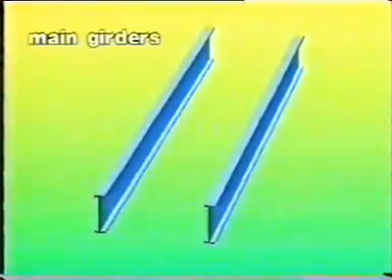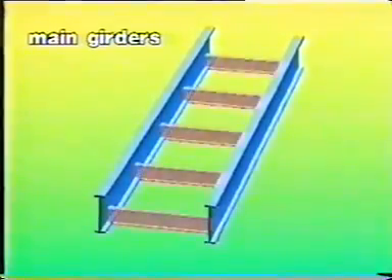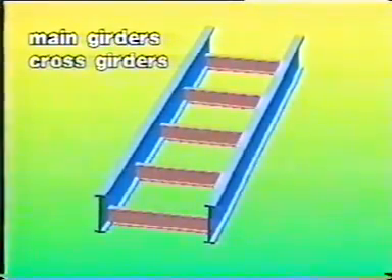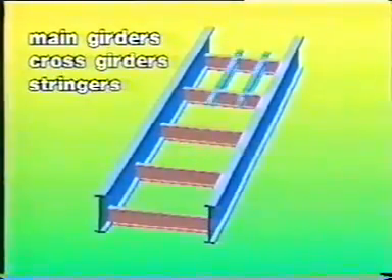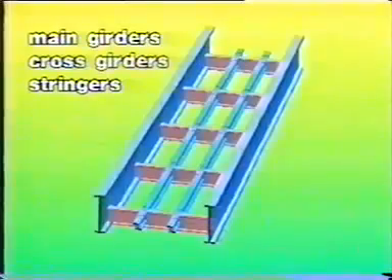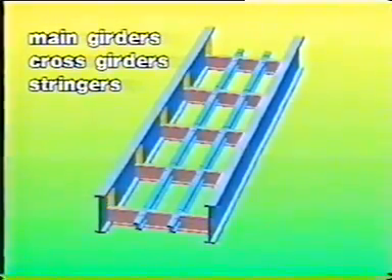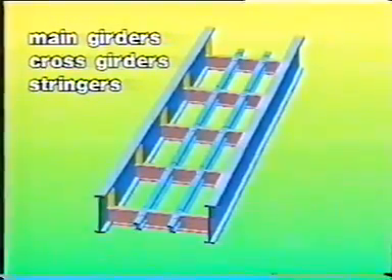The plate girder bridge comprises the main girders, the cross girders, the stringers, or, in case of a railway bridge, the rail bearers, and finally, the deck.